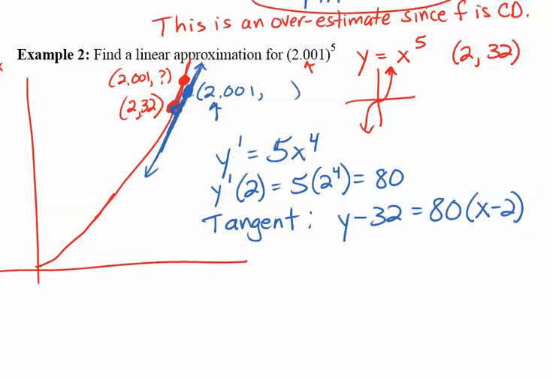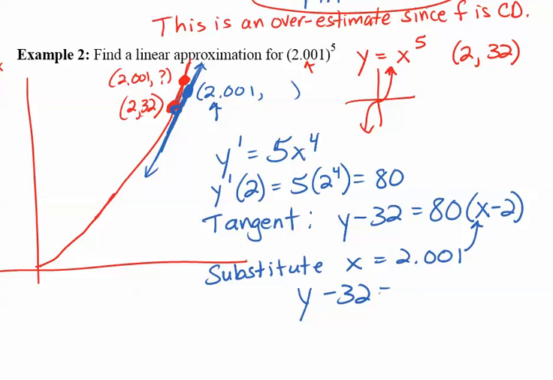And now to find that blue point, we're just going to substitute x equals 2.001. So we're going to put that in and we'll have 0.001 in that parenthesis. So y minus 32 is equal to 80 times 0.001 if you prefer.